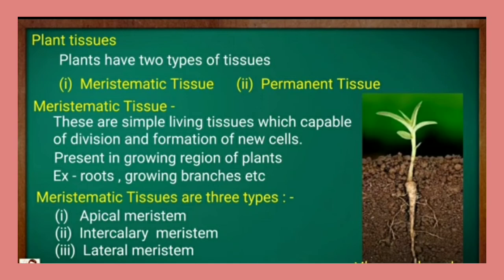Vacuoles are usually absent in these cells. These cells are highly active. These are present in the growing region of plants, for example, roots, growing branches, etc. According to the location, meristematic tissue is of three types: apical meristem, intercalary meristem, and lateral meristem.